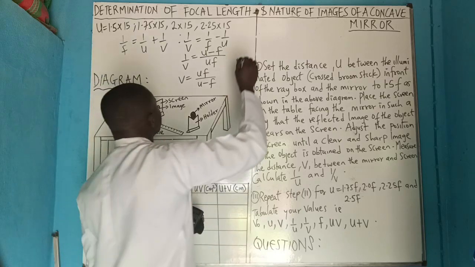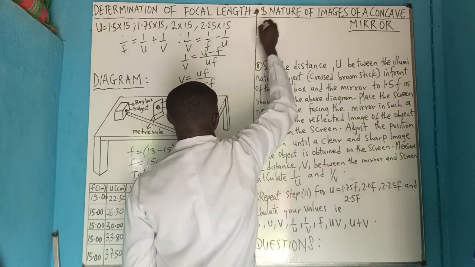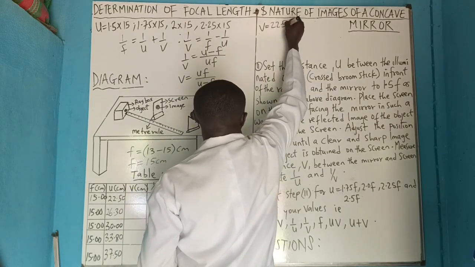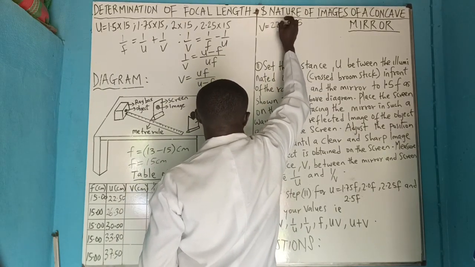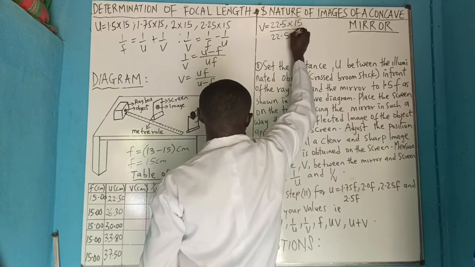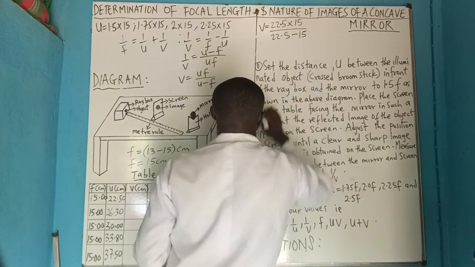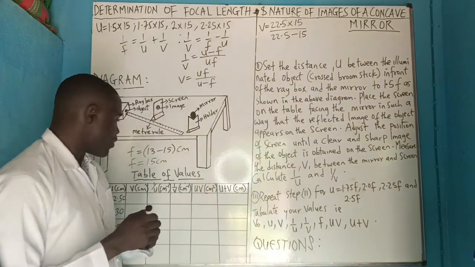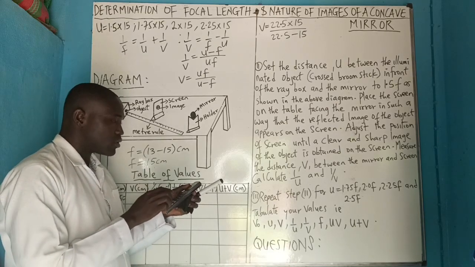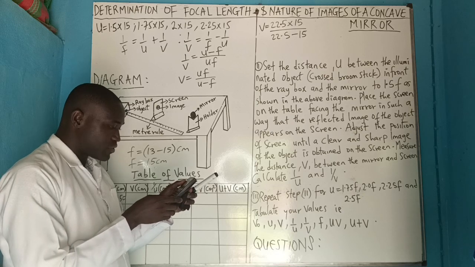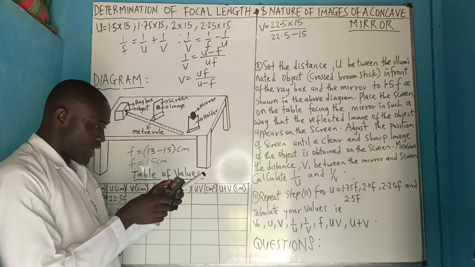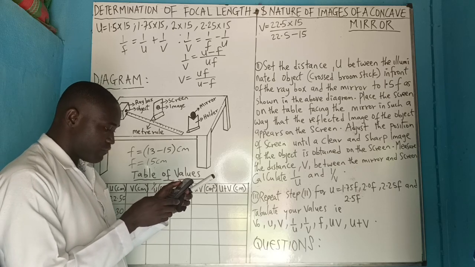Yes, we say the first is V equals to, what is our U? Our U is 22.5 times 15 all over 22.5 minus 15. After doing that, we change that 22.5, we change the next. Okay, we use our calculator. We say 22.5 times 15 divided by bracket 22.5 minus 15.